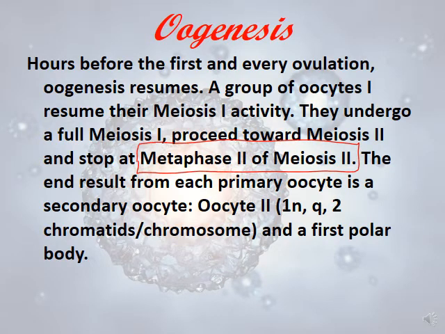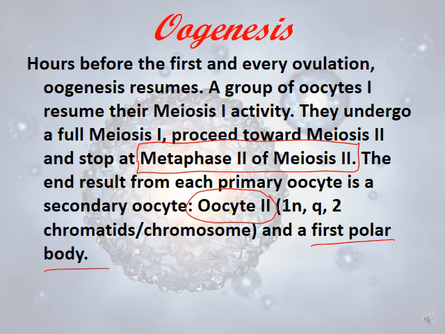The result from each primary oocyte is a secondary oocyte, called oocyte 2, 1N, 2Q, 2 chromatids per chromosome, and the first polar body is released.